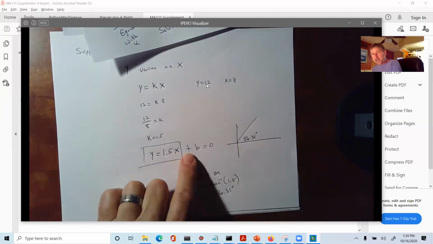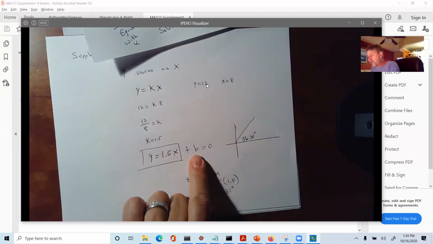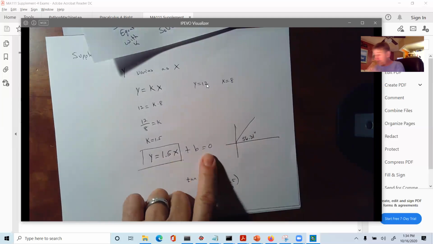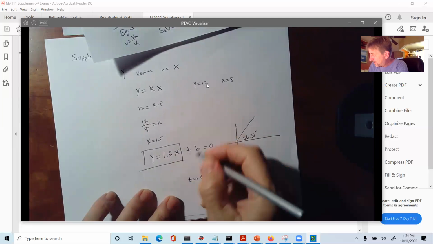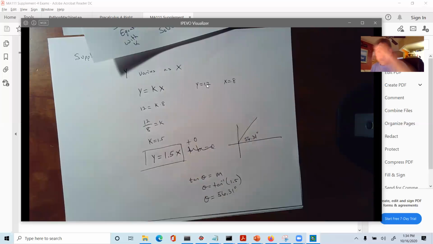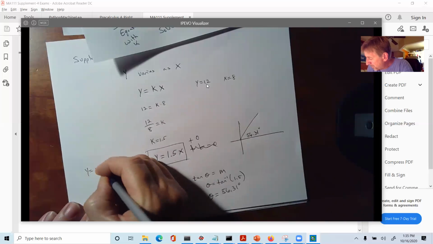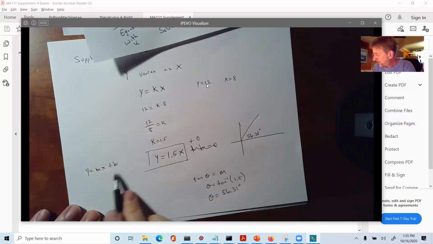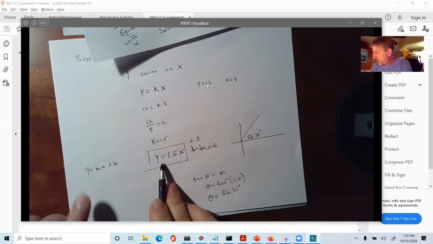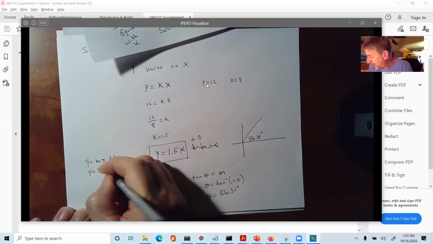Y equals mx plus b. In these direct variation problems, they go through 0, 0, which means your y-intercept is 0. So that doesn't exist, it's like saying plus 0. But in our equation, y equals mx plus b, this looks very similar. We've got y equals 1.5 times x.